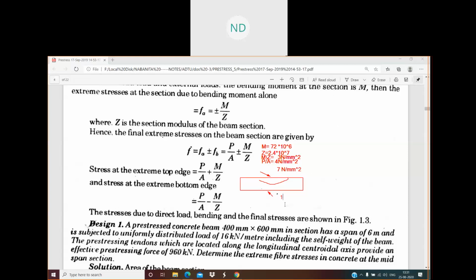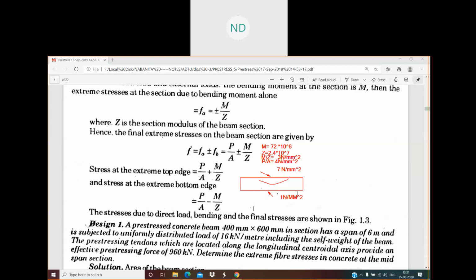Yes, correct, 1 Newton per mm square. So in this way you can calculate your top fiber stress, which is 7 Newton per mm square in this question, and the bottom fiber stress, 1 Newton per mm square. This was your total stresses. Understood, everybody? How you can calculate your extreme top and bottom fiber stresses.